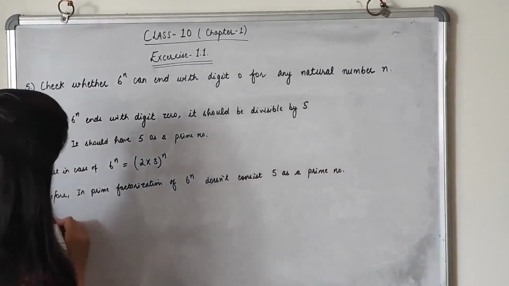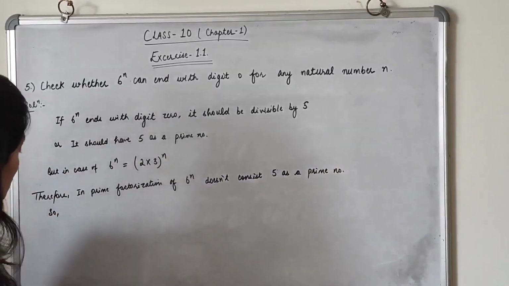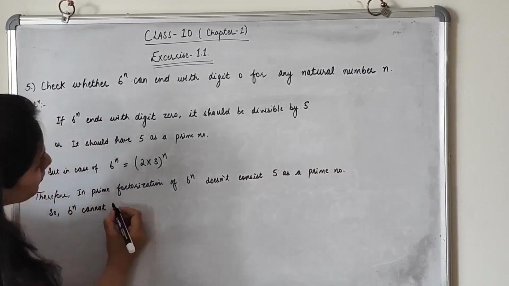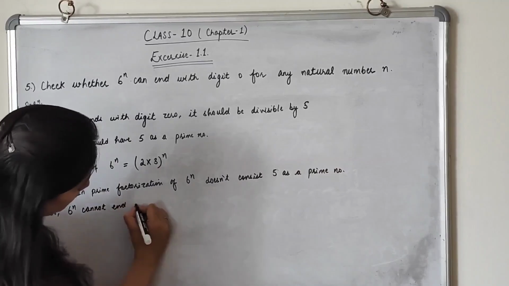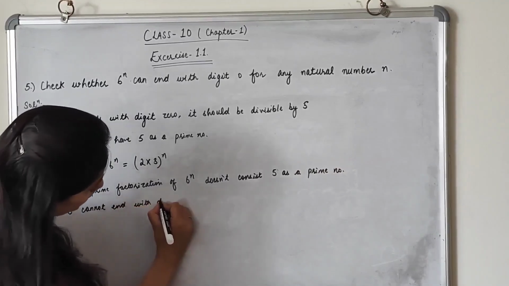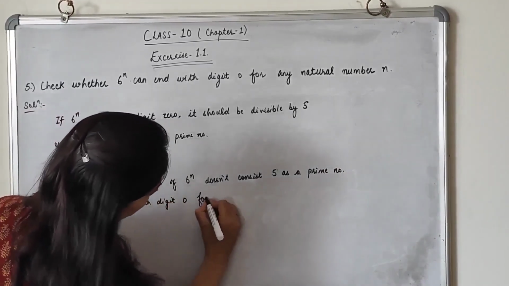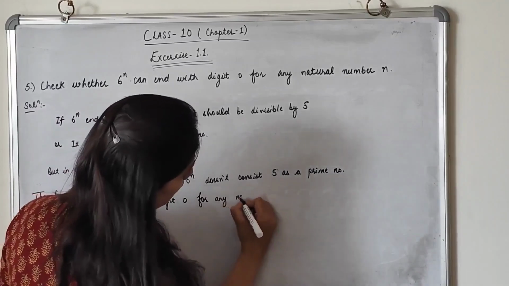So 6 raised to power n cannot end with digit 0 for any natural number n.